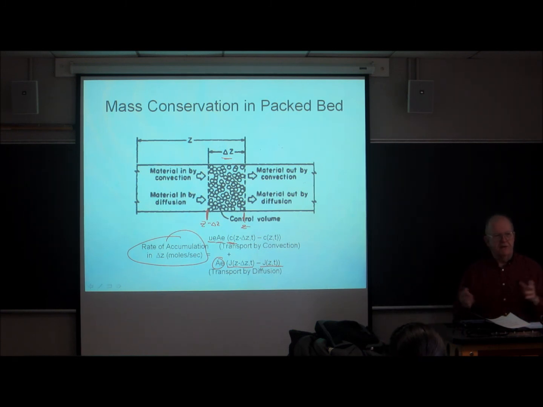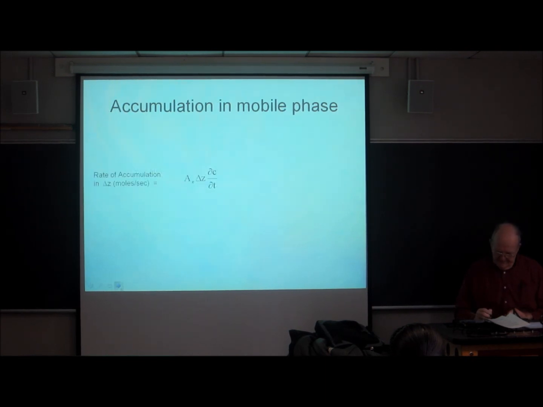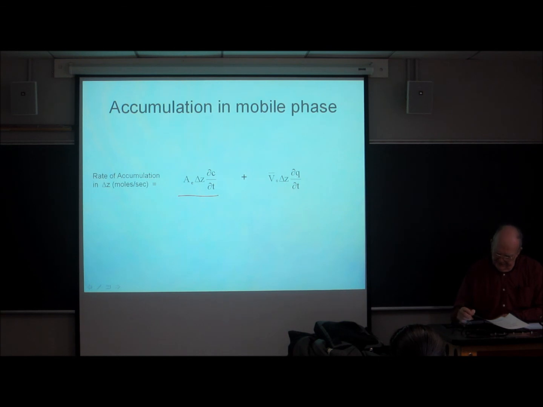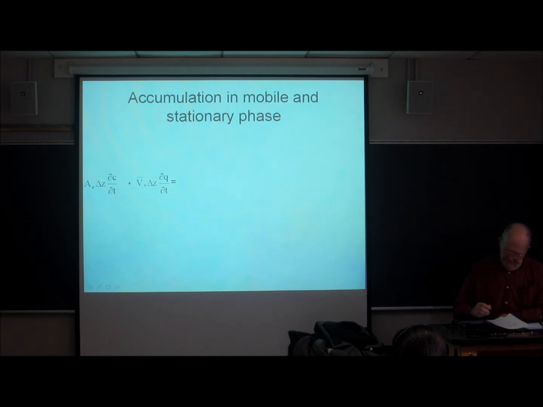I'm going to let delta Z go to 0. Mobile phase, this is the accumulation in the stationary phase. This is the volume of stationary phase per unit length of column. This is the cross-sectional area per unit length of column. So that's my accumulation.